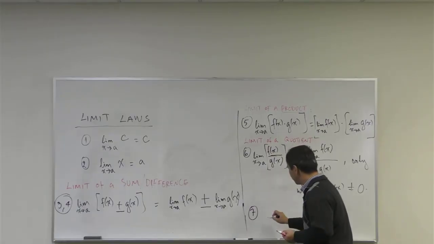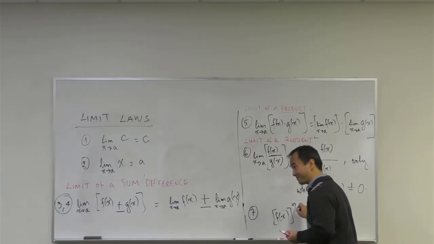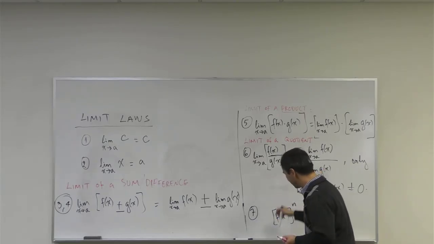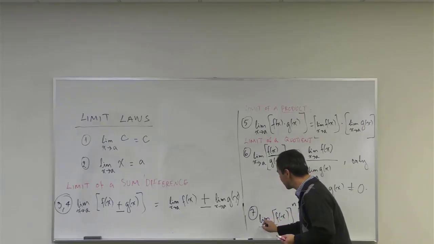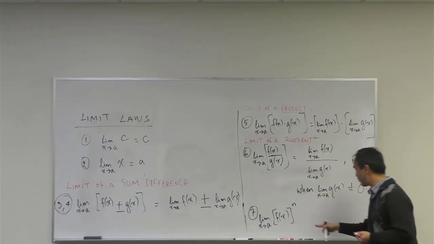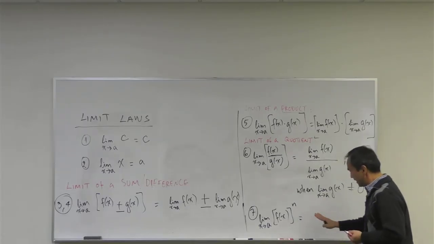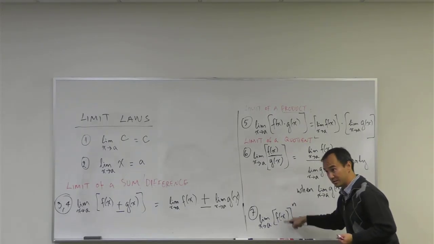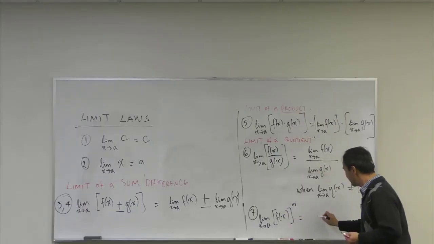Number 7 here: your function f of x can be raised to a power n, and that becomes a new function. We can take the limit as x goes to a as well. So this limit law, number 7, says that anytime you're taking the limit of a power, you are allowed to do it.